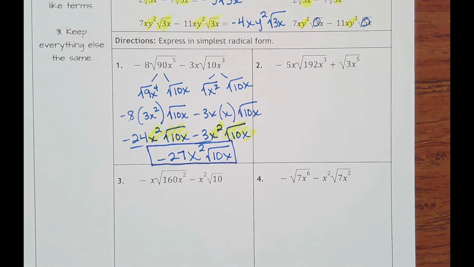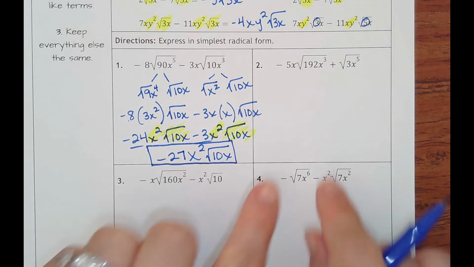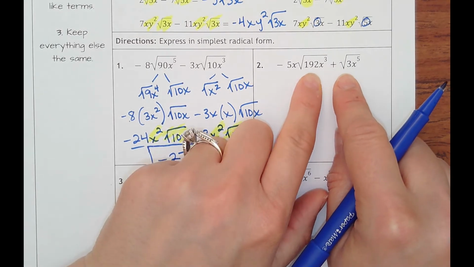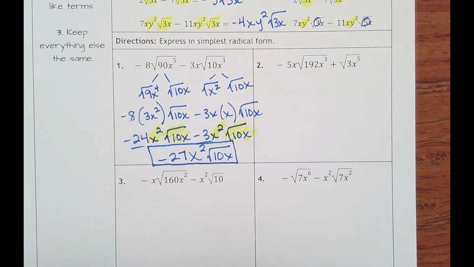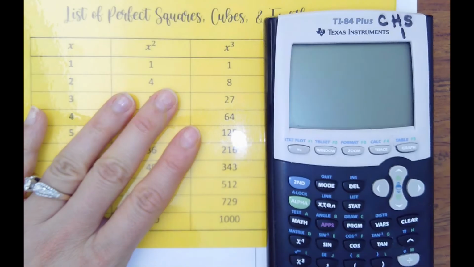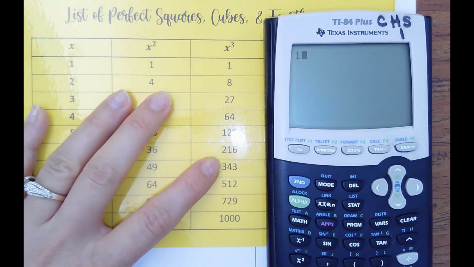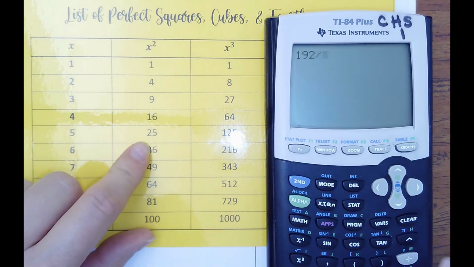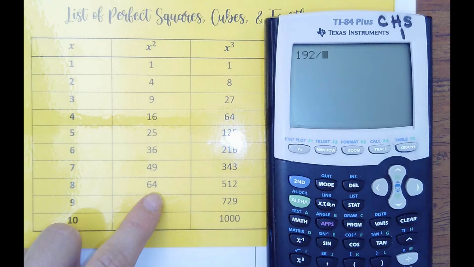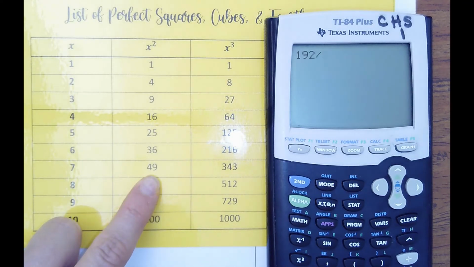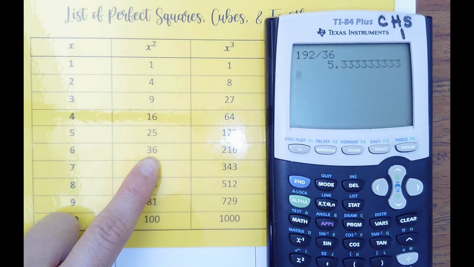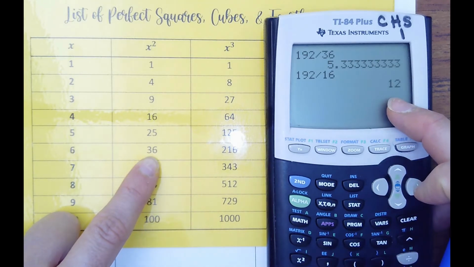Okay. Number 2, we have both square roots, that's good. 192 can probably be broken down. I'm going to say maybe 36, no. 16 and 12, this is a good example. 16 and 12, but 12 has a perfect square of 4 in it.